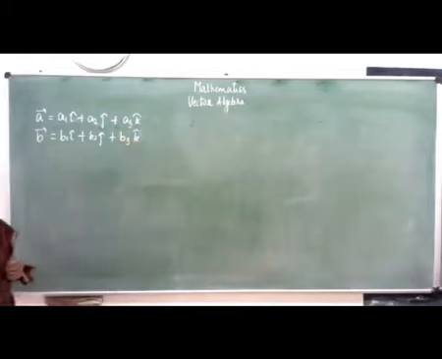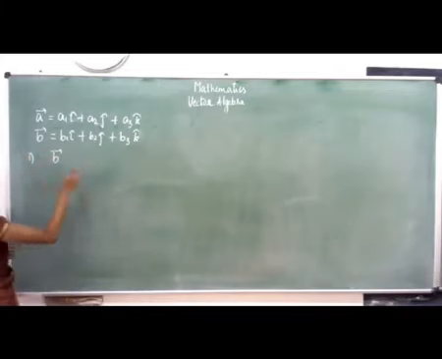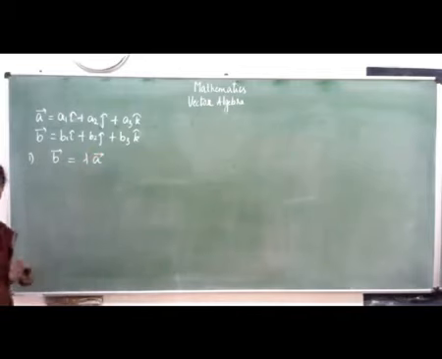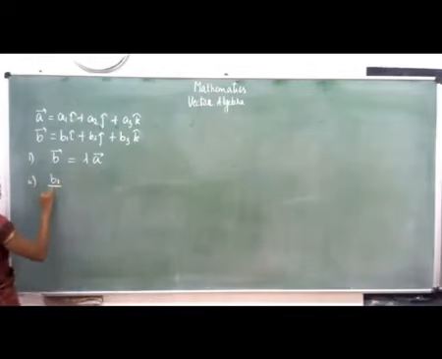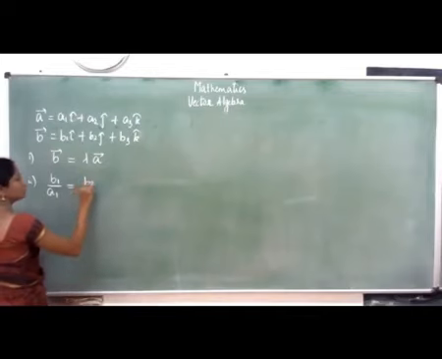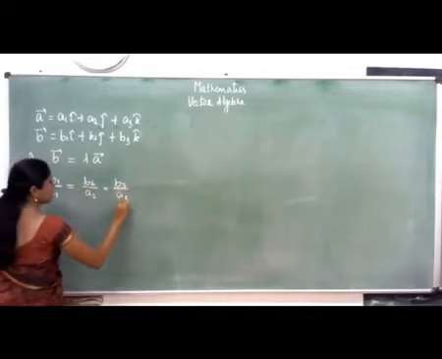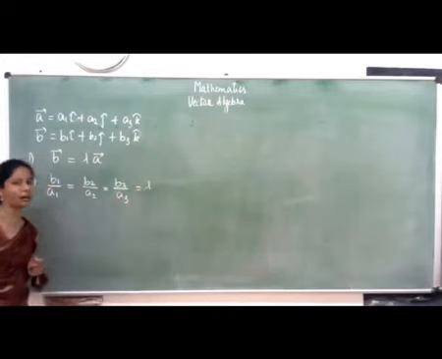Then these two vectors are collinear if and only if either one of two conditions is satisfied. Either you can prove that vector B is equal to lambda times vector A, where lambda is any scalar, or you can prove that B1 by A1 is equal to B2 by A2, which is equal to B3 by A3, which is equal to some lambda.